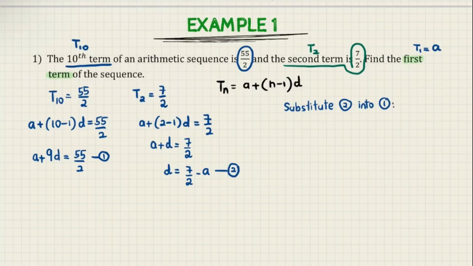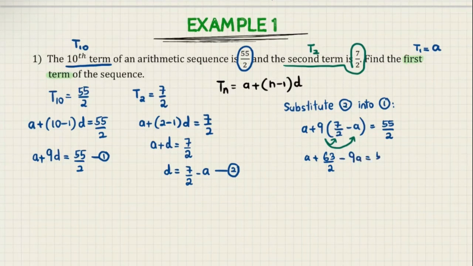Okay, so equation 2, A plus 9, equation 2 adalah 7/2 tolak A equals to 55 over 2. Okay, now kita expand 9 darab dengan 7/2, 9 darabkan dengan A. So A plus, berapa ni? 9 darab 7/2 apa? 63 over 2 minus 9A equals to 55 over 2.